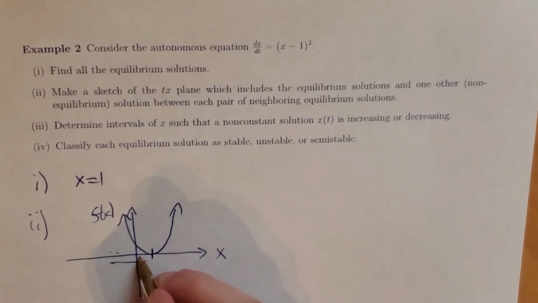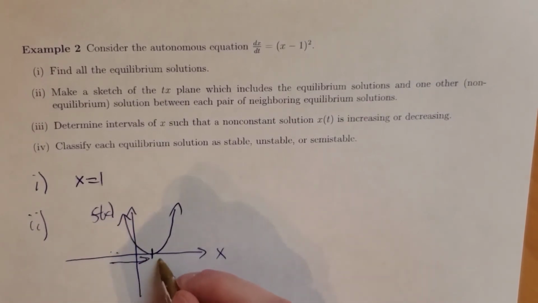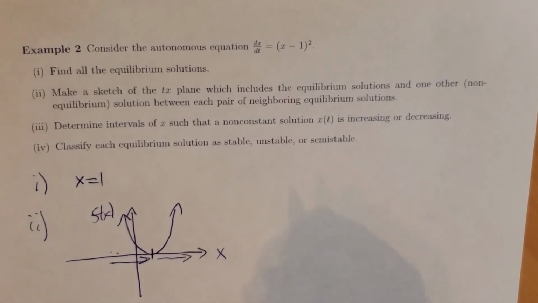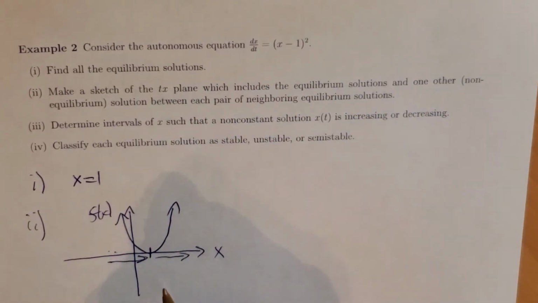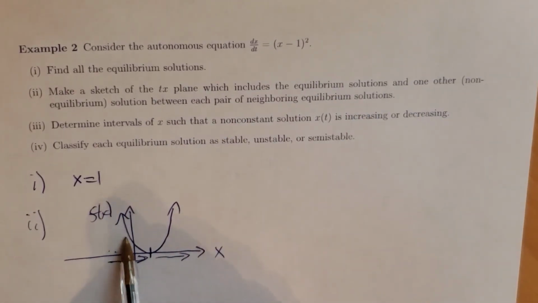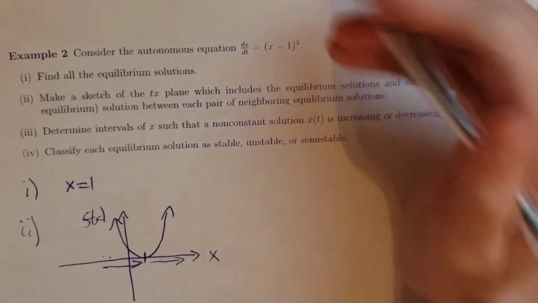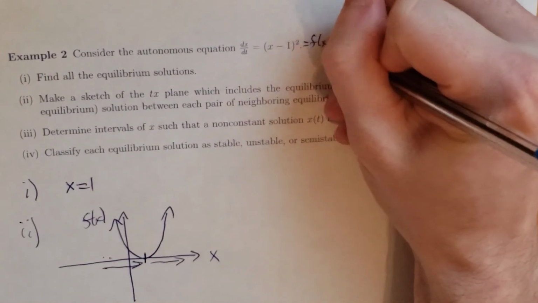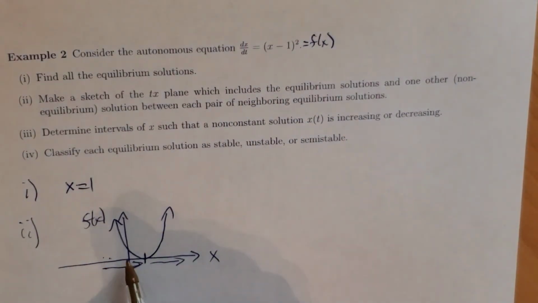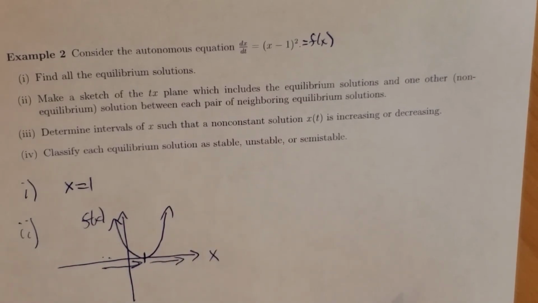And I'm going to draw an arrow to the right for each of these because our derivative is positive here, right? F of x represents the derivative. So our derivative is positive over here.